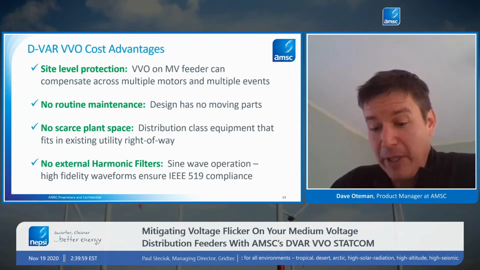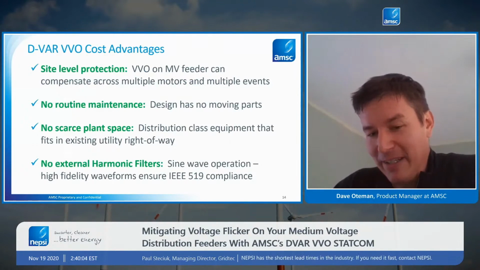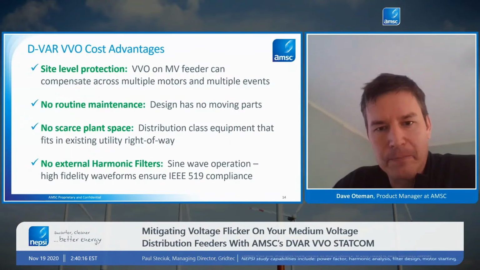And generally speaking, a VFD will not comply with IEEE 519 on its own, so it becomes more of a site level study to determine whether it's going to be an issue or not. And those considerations are completely addressed with STATCOM technology.